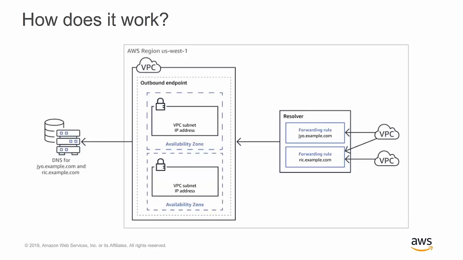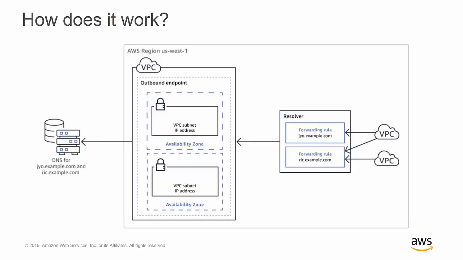It will have rules attached to it. In this case, we've got jyo.example.com. And it will say, okay, I'm querying jyo.example.com. I know that this is actually stored at a different address. So the resolution will say, I found a match. Let me forward this back out over the endpoint that we talked about.